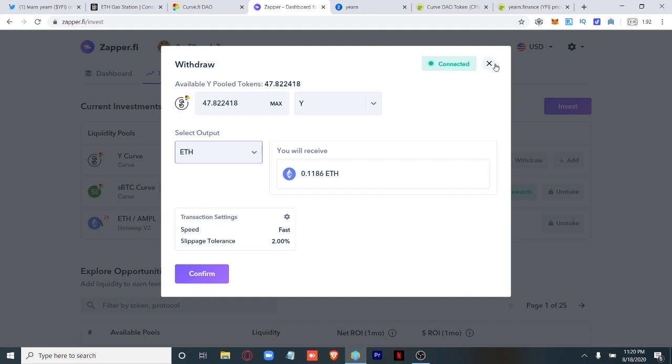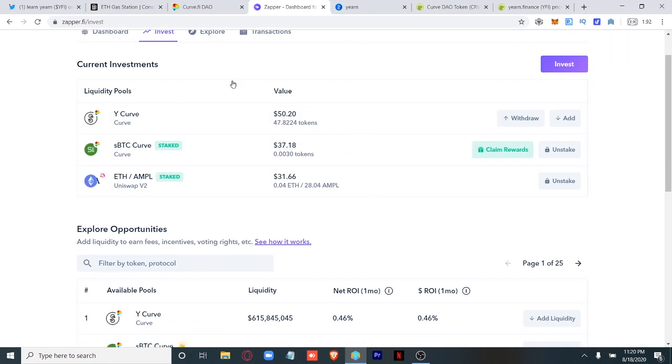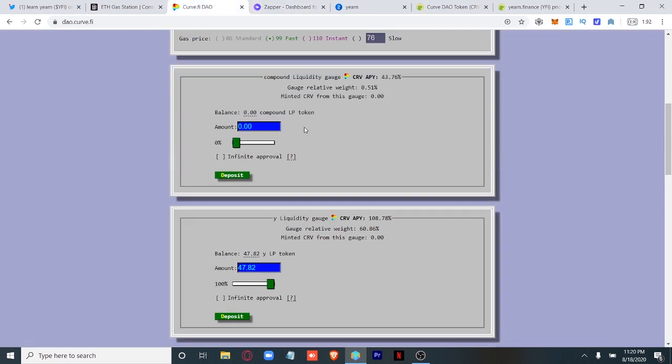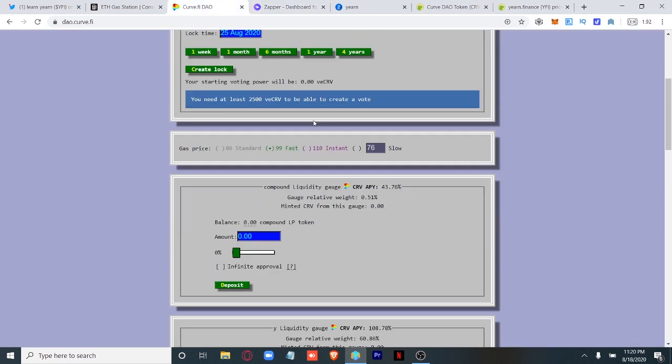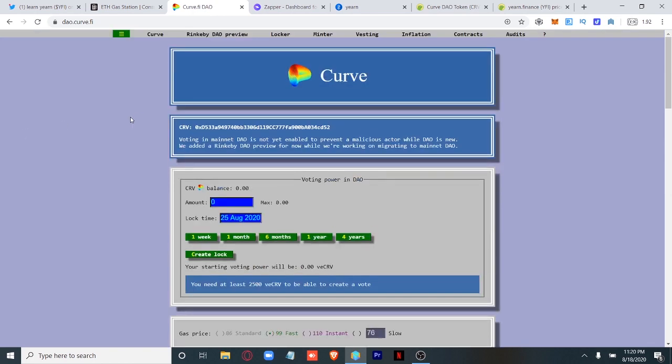All right, I hope it's not too confusing, and I hope you understood that. If you're going to provide liquidity by yourself here in Curve, the best one I would recommend is the Y curve pool. The Y pool on Curve, I think, is the third pool right here. That's where you'll generate the most income.